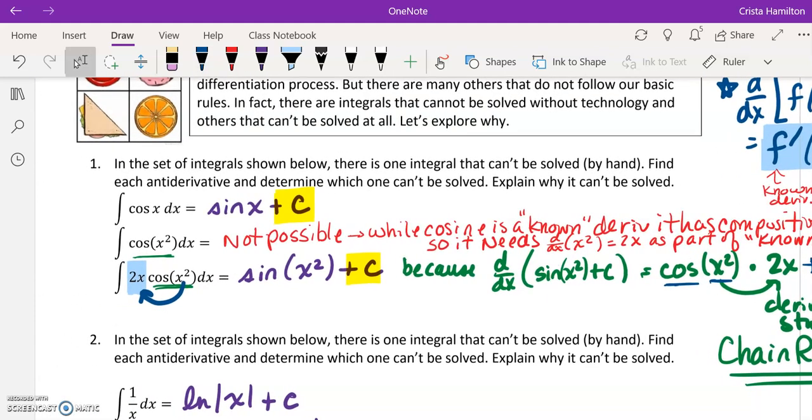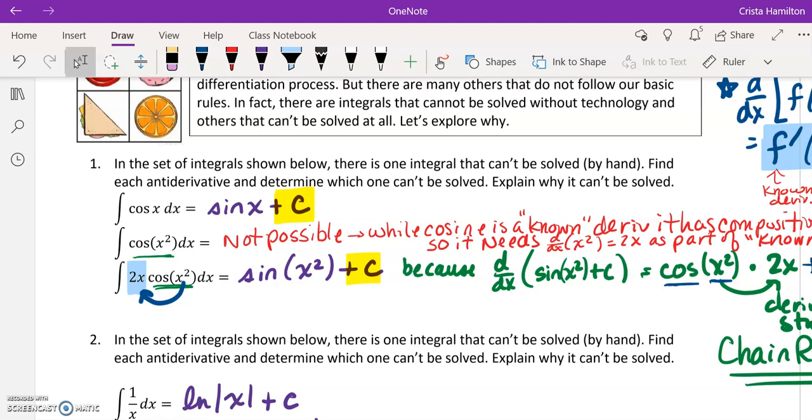Now, a lot of these involve what we call sight recognition or pattern recognition. We don't actually have to do a substitution technique if it is very straightforward and we can recognize that this is the known derivative of a chain rule problem. As long as you recognize that you have the derivative of your stuff outside, and realize that it's only there because of chain rule, we pack it back up.